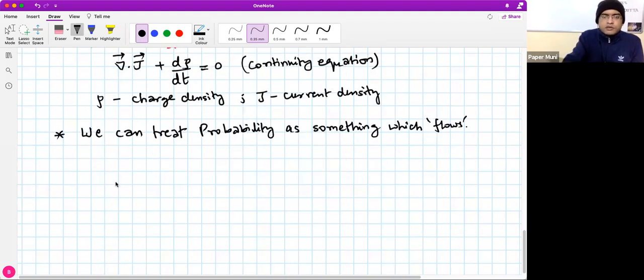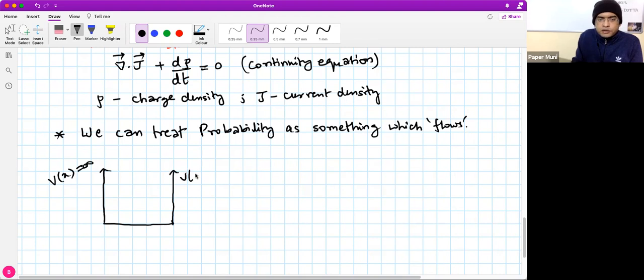So if we have a situation where, say, let's take a 1D box, and this side is infinite. All right, now this is 0 to L. And we have this situation where the wave function somewhat looks like this.